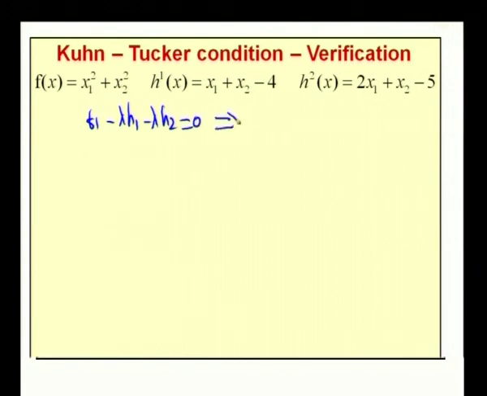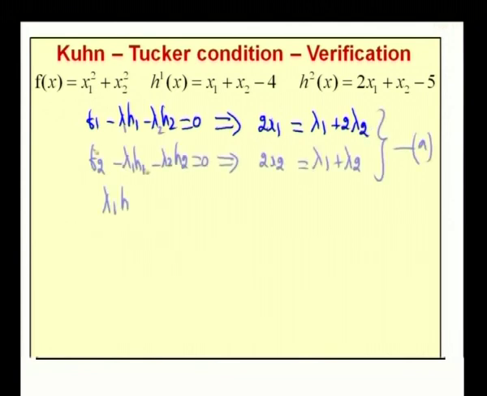This gives us 2x1 equal to lambda 1 plus 2 lambda 2, and the second condition is f2 minus lambda 1 h1 minus lambda 2 h2 equal to 0, which implies 2x2 equal to lambda 1 plus lambda 2.